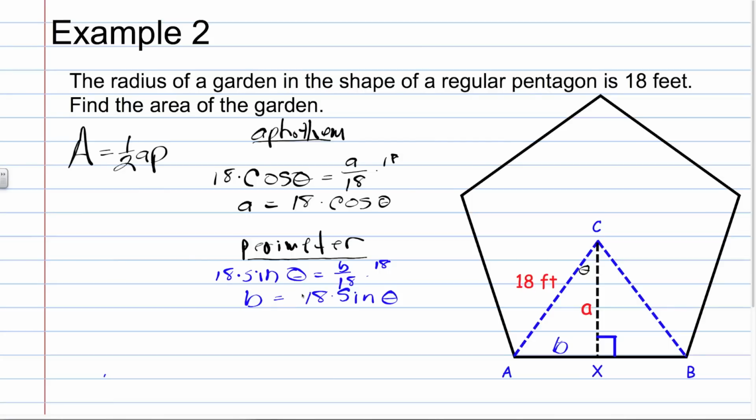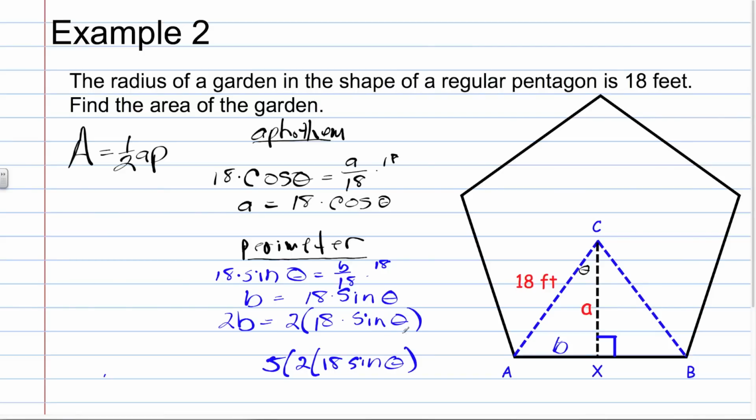Now that we have the length of b, we have to multiply it by 2. So 2b is going to be equal to 2 times 18 times the sine of theta. Finally, this is the length of one side. We have to multiply that by 5. So we're going to have 5 times 2 times 18 times the sine of theta.